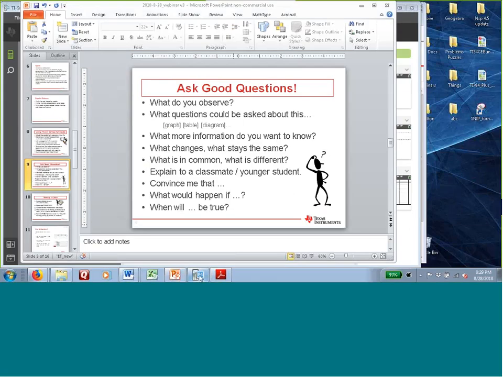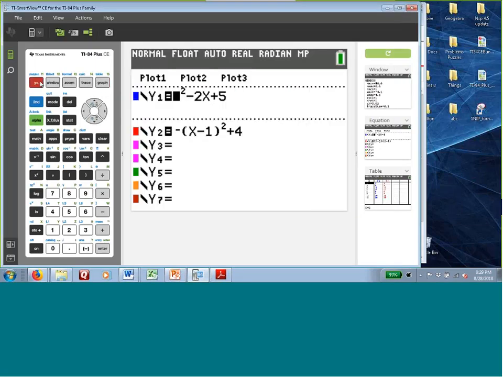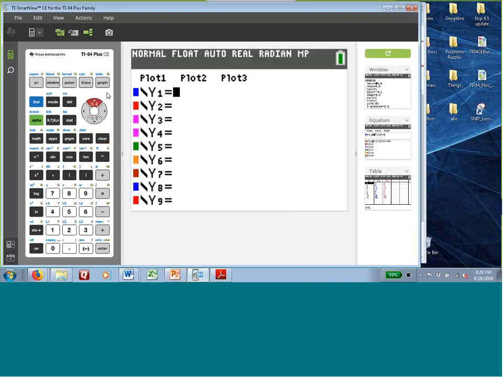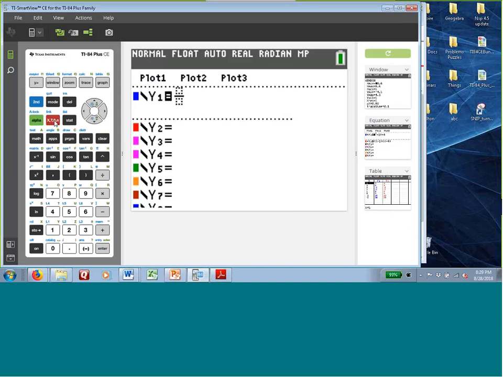Okay, my last little activity is having to do with rational functions. Rational functions are functions that are created with fractions. And so if I take a fraction, a shortcut for the fraction template on the CE is to hit alpha x.